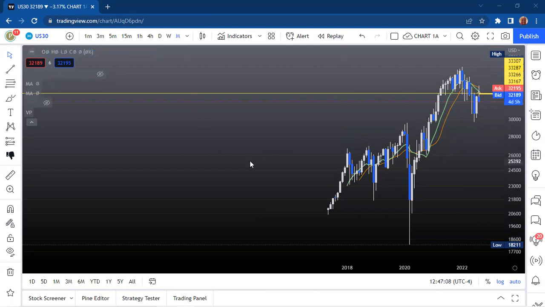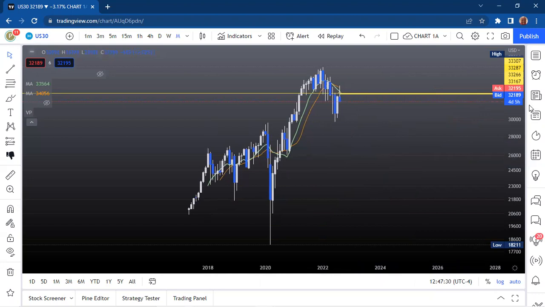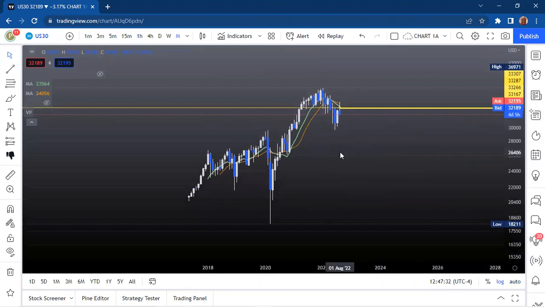You guys already know that I like to do a top-down analysis, but we're going to go down to the lower time frames so we can analyze these different candles, because we all know that within each time session is a series of candles that develop.